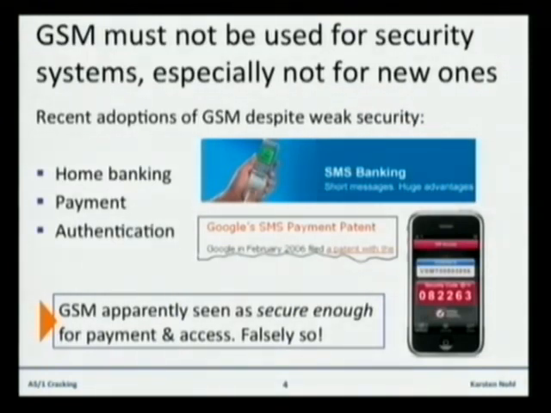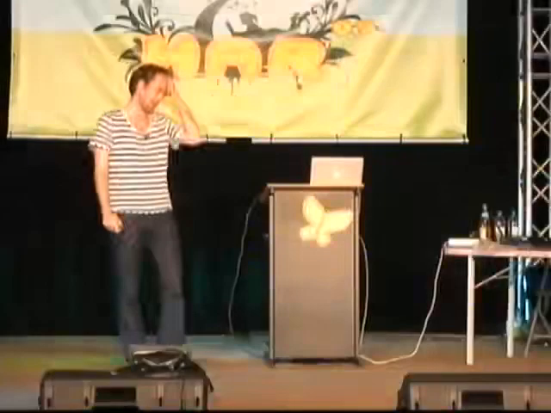Other financial transaction applications are adapting this in banking as well as payment, and so do access control applications. So this is a spreading security technology that everybody seems to be relying on because it was never publicly broken, right?